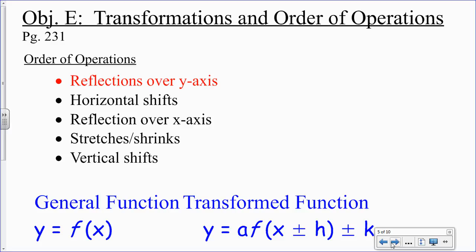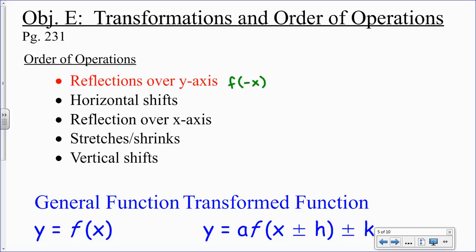Okay, so this is reflections over y-axis is in red here because remember that will affect your horizontal shift. So that's the one that just changes things a little bit. So that will be when there is a negative inside next to x. So that's what we'll do first.